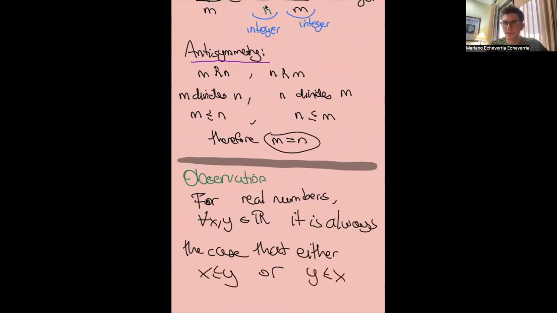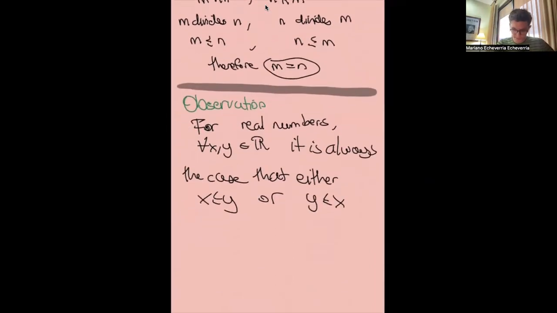If you are given two numbers, one must be the largest of them. So for real numbers, x being less or equal to y would mean that x is related to y, or y being less or equal to x would mean that y is related to x.